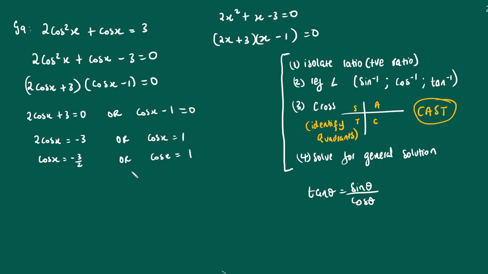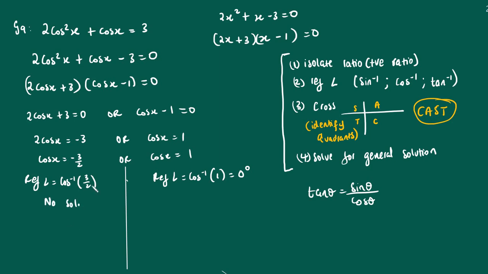Now remember, you have isolated the ratio. Now you can find the reference angle. So the reference angle will be cos inverse of, remember, put the one that is positive. Same thing here, reference angle would be cos inverse of 1. Here you should get 0 degrees, and then here you just say there will be no solution, because it's going to give you an error there.